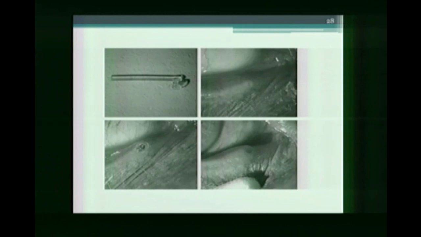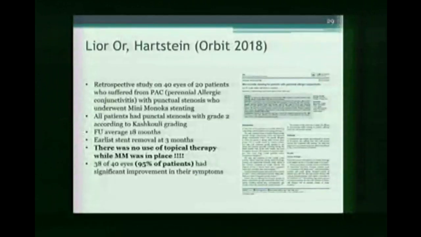This is the mini monoca monocanalicular stent. This is a patient with grade 1 on the Kashkouli grading system punctal stenosis. This is the mini monoca inserted, and this is the punctum 6 months after the removal of the mini monoca stenting. You can see the difference for sure.